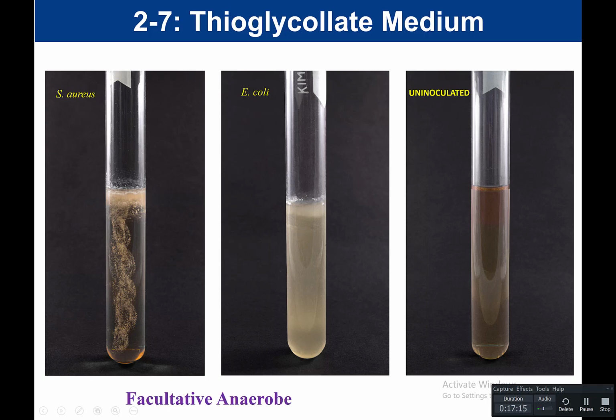Both of these organisms are an example of a facultative anaerobe. Grow with or without oxygen, but better with oxygen. So we call these a facultative anaerobe. On the right here, this is just an uninoculated thiobroth, basically showing you that the bottom has no growth and the top has no growth, but it's pink because that's where the oxygen is present.